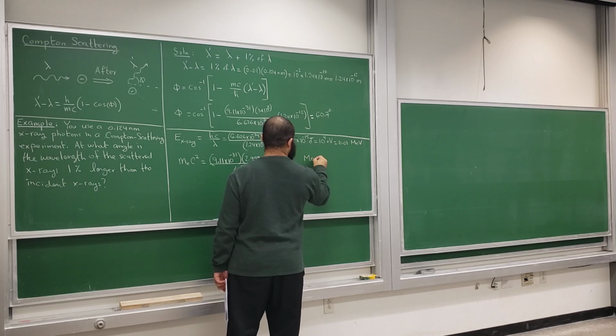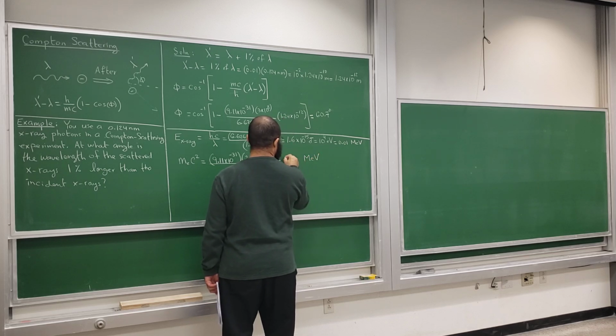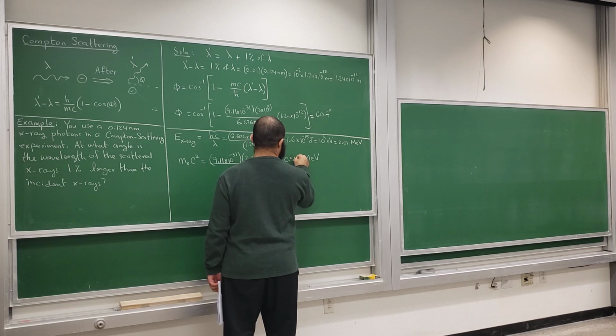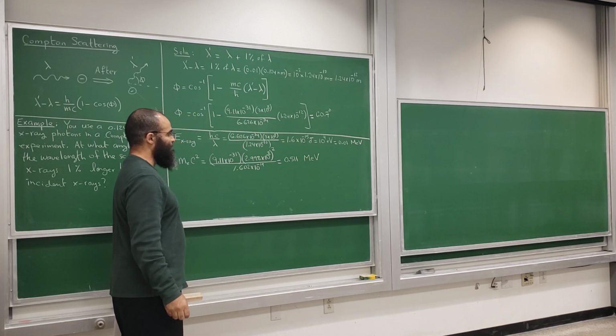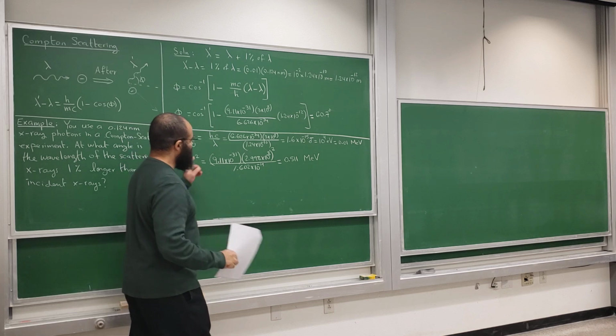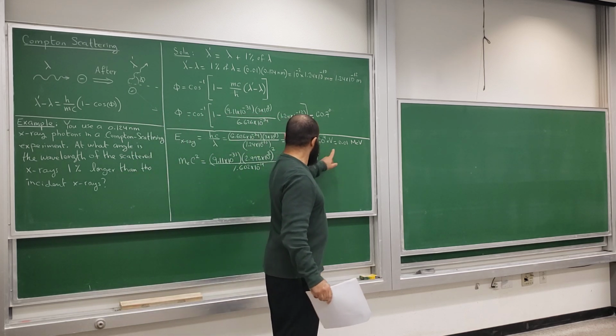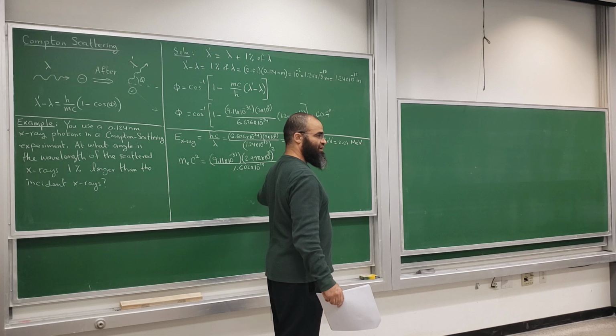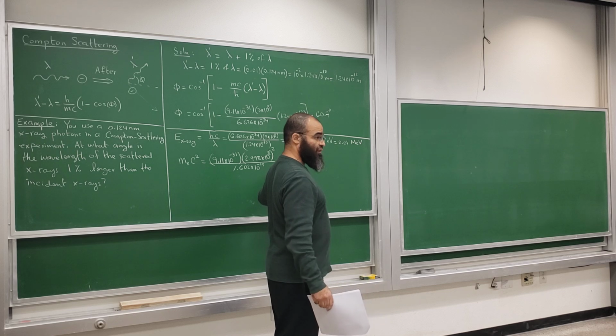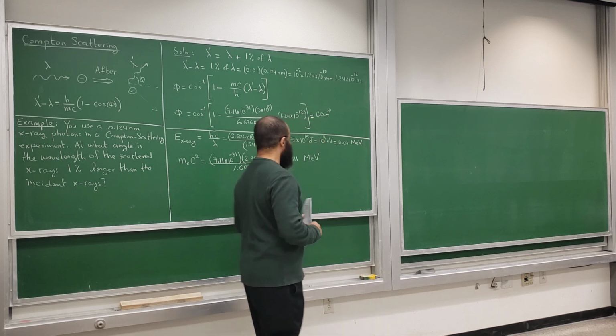So I would write it as 0.511 MeV, mega electron volts. Okay. So notice an X-ray photon has nowhere near the energy needed to make an electron, right? Has nowhere near the rest energy of an electron.